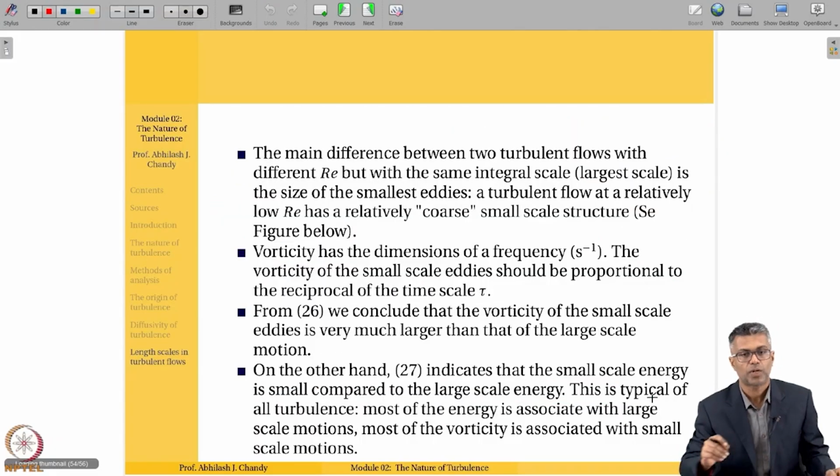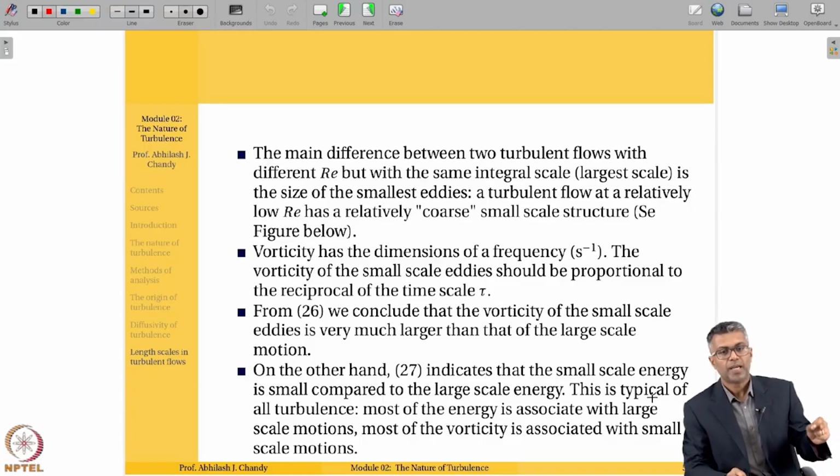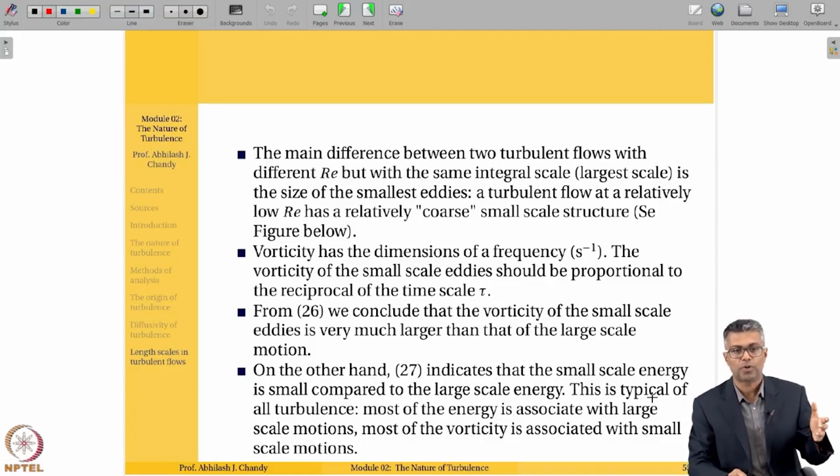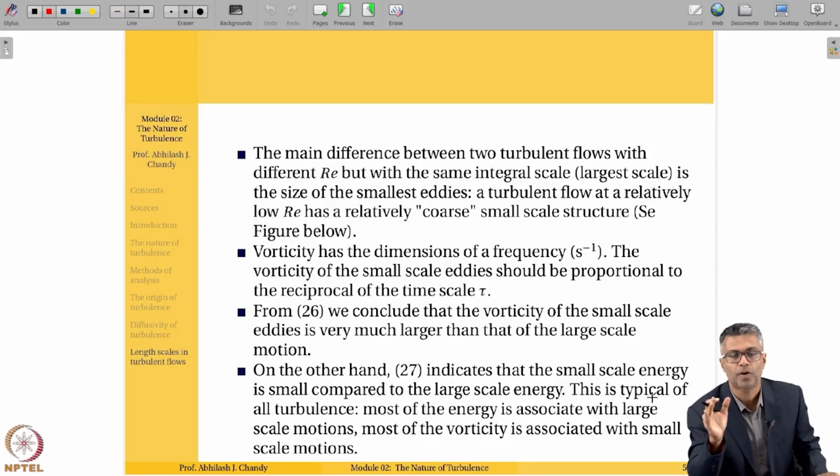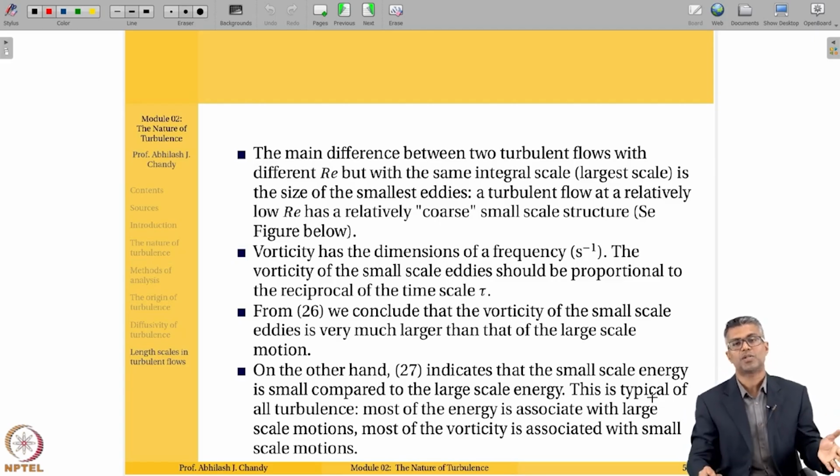So let's see what that means, right? If you take two turbulent flows with different Reynolds numbers, but the same integral length scale, meaning the same large length scale, then the difference between the two turbulent flows will be the size of the smallest eddies, because the Reynolds number is different.